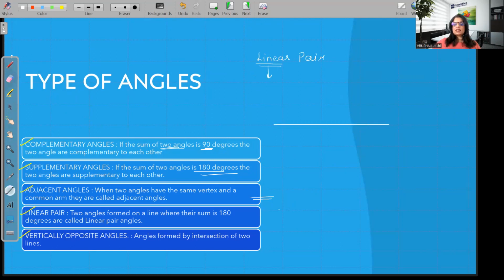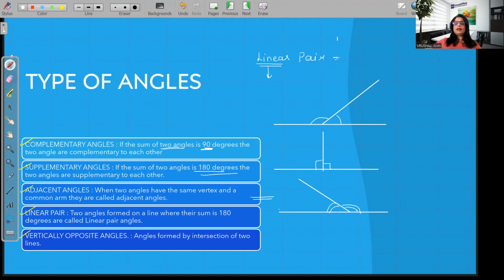So when we have this line and we form this angle like this, or we have this line and we form this angle like this, all these are linear pairs. Why? Because these are two angles formed on the same line. Are you getting it?